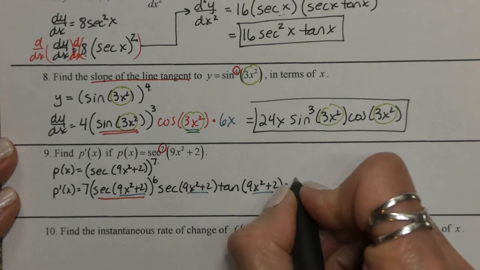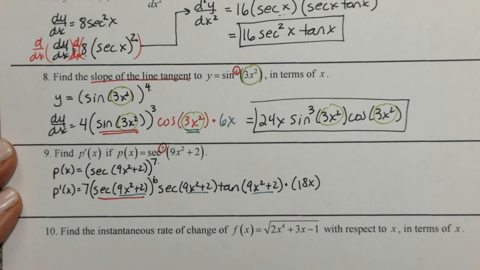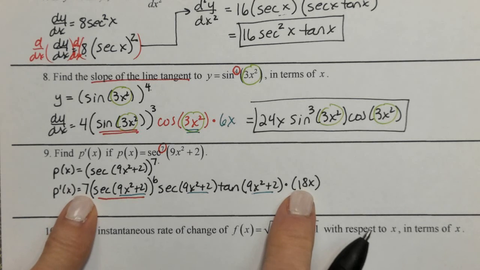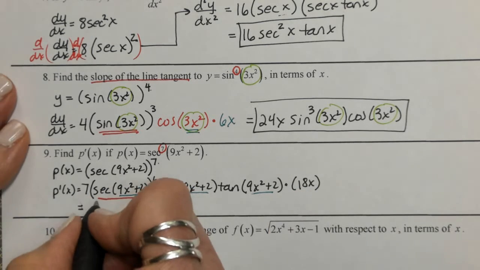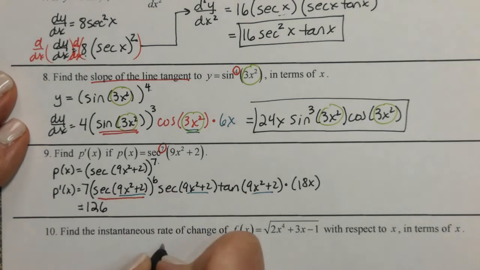So I'm multiplying by 18x. Okay, as a multiple choice answer, again, they would multiply 7 times 18. I guess I can do that. That's 126.